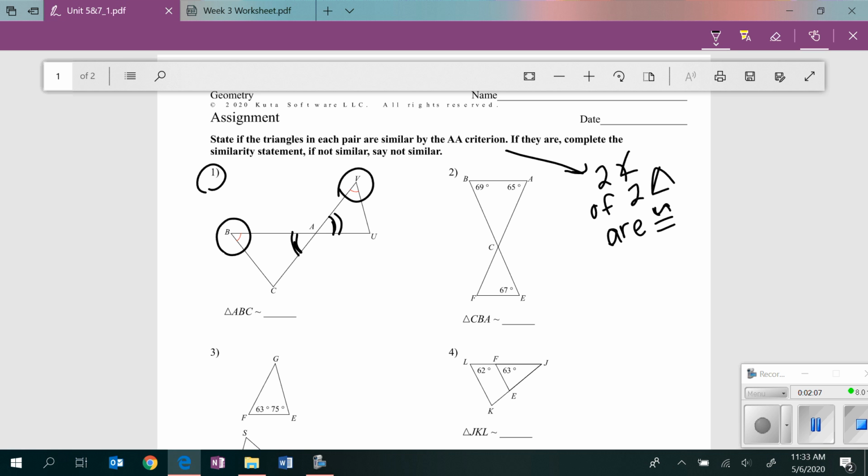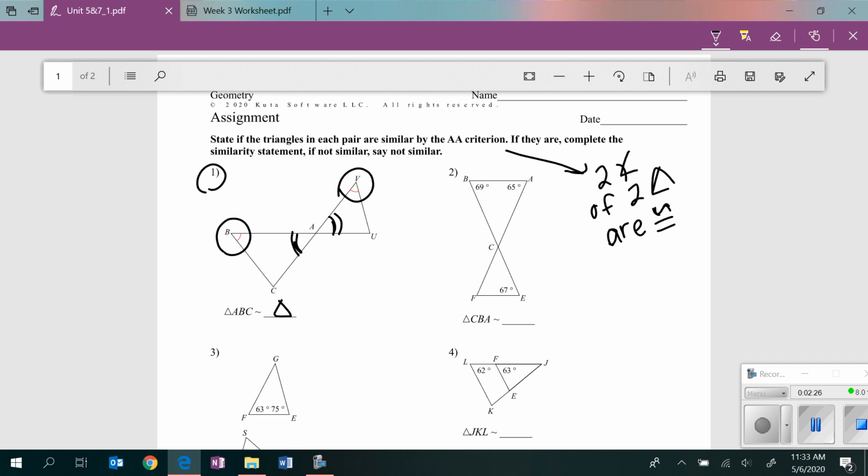So those are congruent. That means I've got two angles that are congruent in my two triangles, so they are similar by AA.